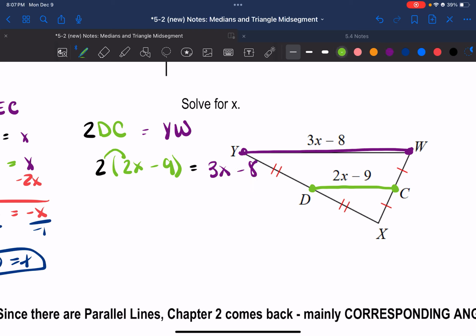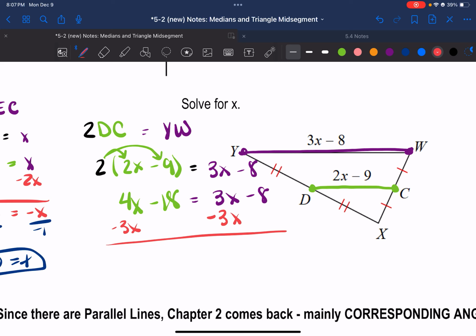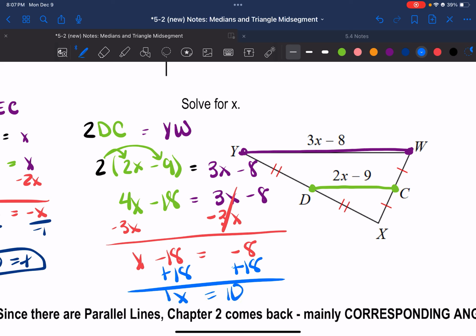So if I distribute this 2 into both terms of DC, you get 4x minus 18 is equal to 3x minus 8. To solve, we're going to subtract 3x from both sides. 4x minus 3x is x. Negative 18 still, those go away. We get minus 8. Last step is to add 18 to both sides. So we get x is equal to 10.